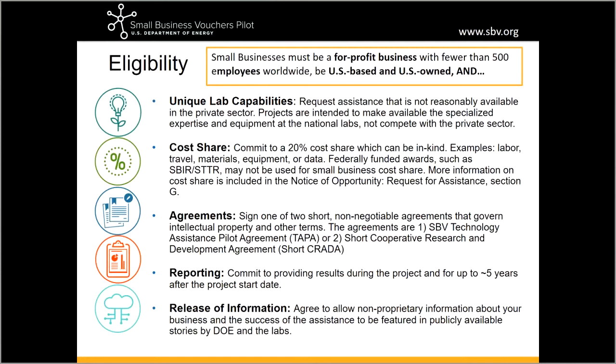And we ask that you commit upfront to enter one of the two predefined non-negotiable agreements. One of the things we found is if you want to put an agreement in place quickly, the best thing you can do to reduce the timeline is to ask the parties to agree up front that they will enter an agreement as defined.